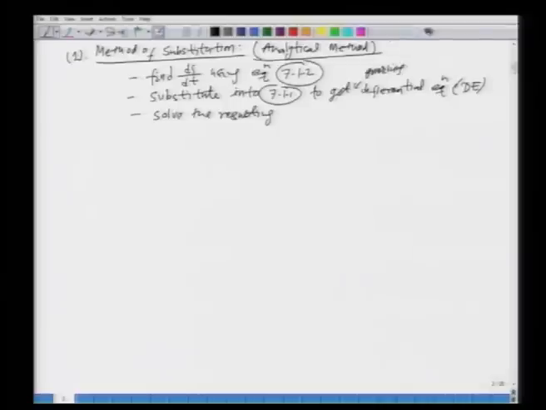Then we solve the resulting governing differential equation along with your boundary and initial conditions in your I and Q by direct integration or direct solution. Okay. So, this is called the direct method or the analytical method or the method of substitution.